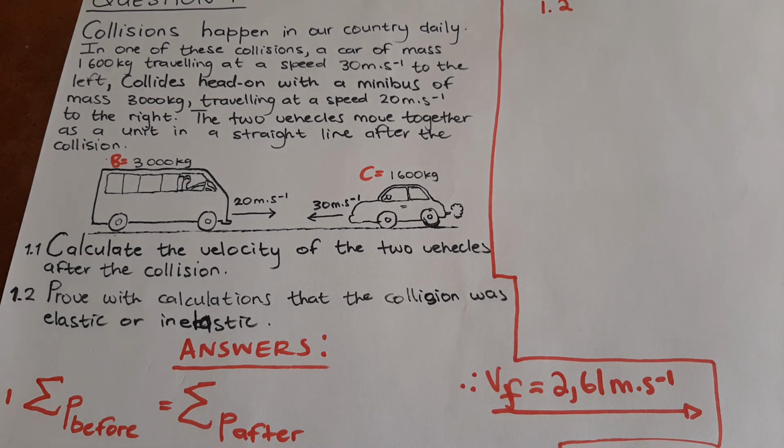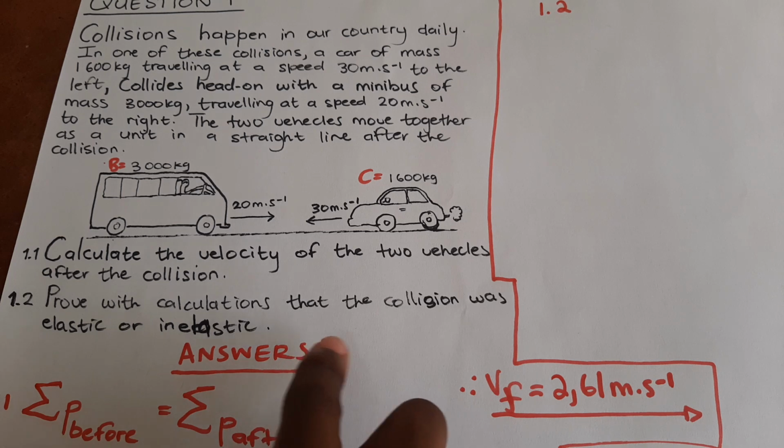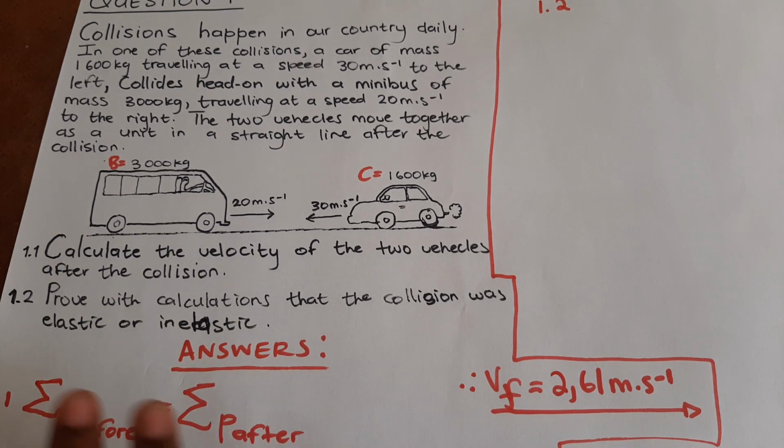Let me re-explain this, guys, because I know I explained this in previous videos on momentum as well as impulse. Look, prove with calculations that the collision was elastic or inelastic. What does that mean?